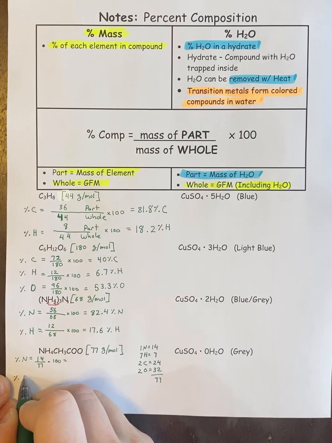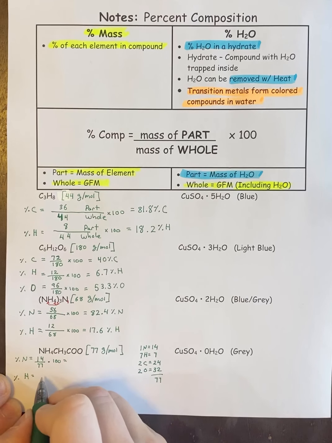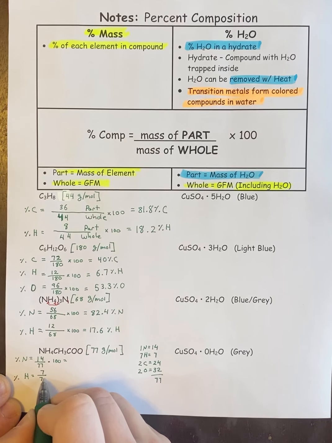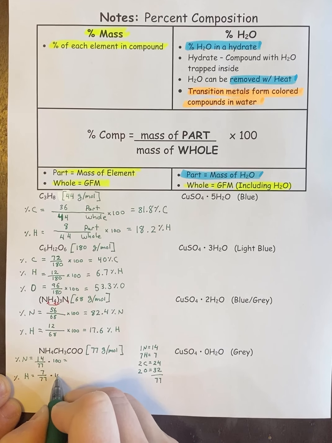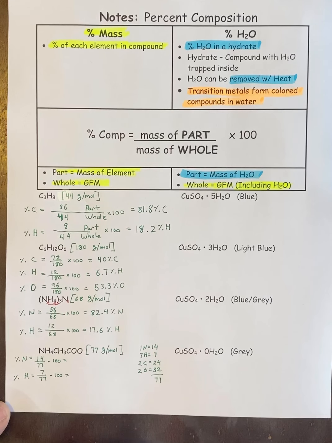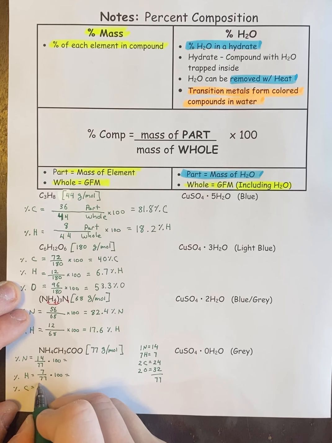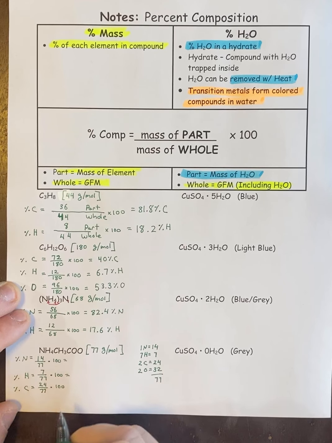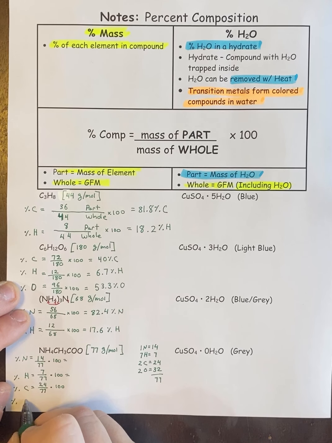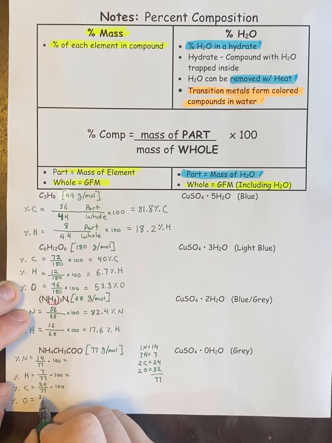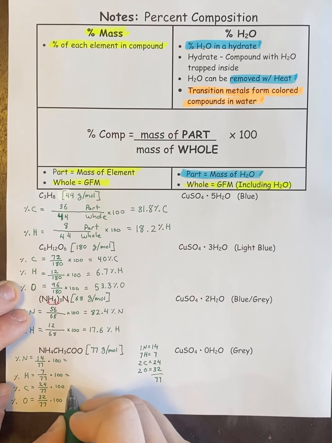Our percent H is going to be 7 over 77 times 100. Our percent carbon is going to be 24 over 77 times 100, and our percent oxygen is going to be 32 over 77 times 100.